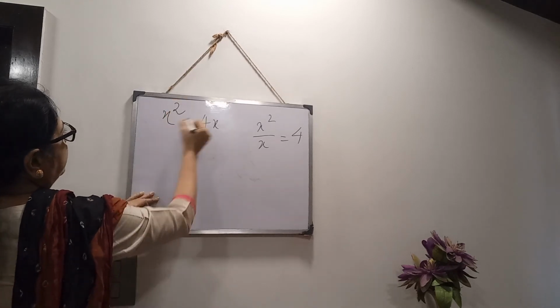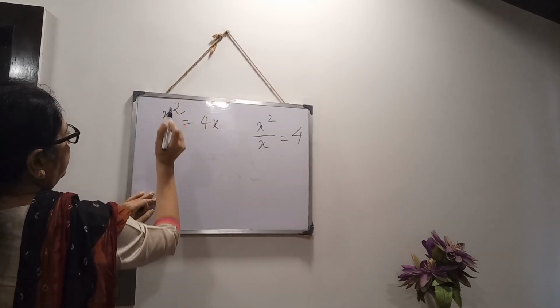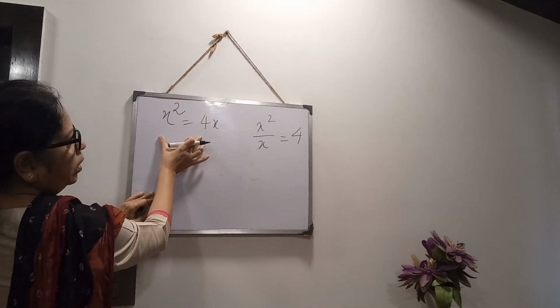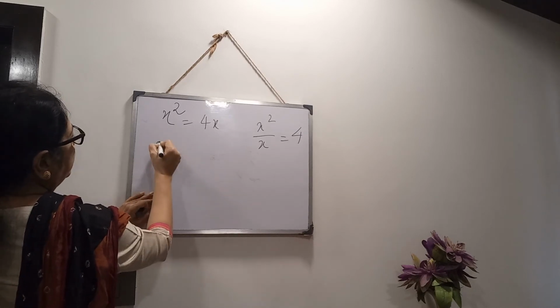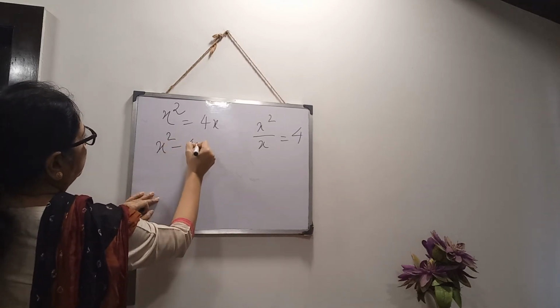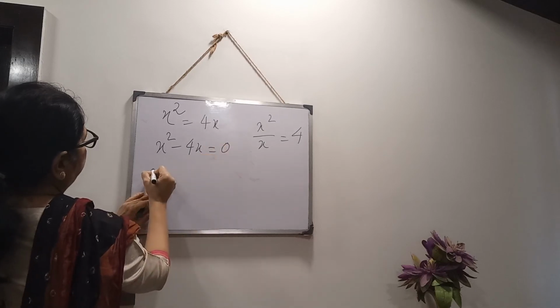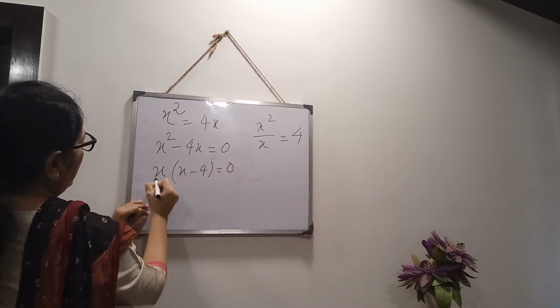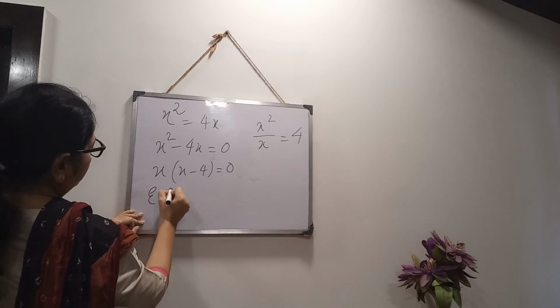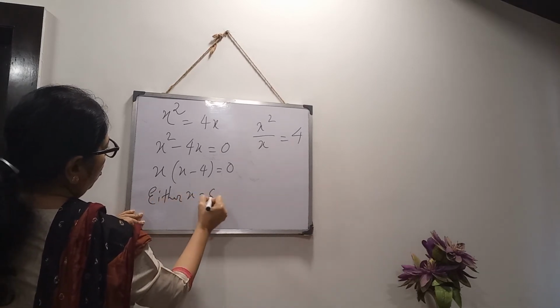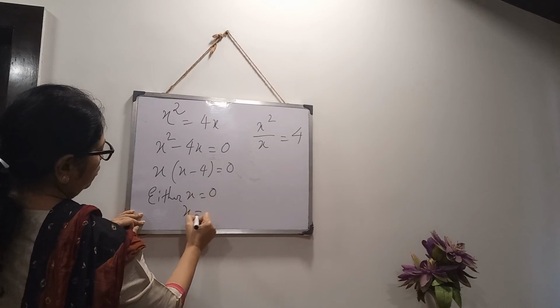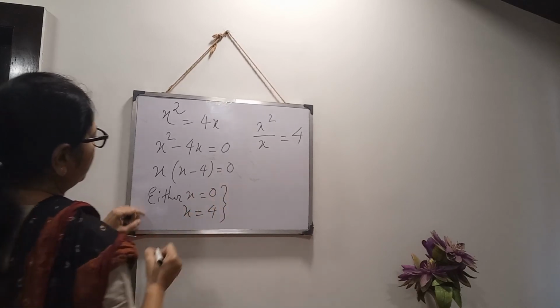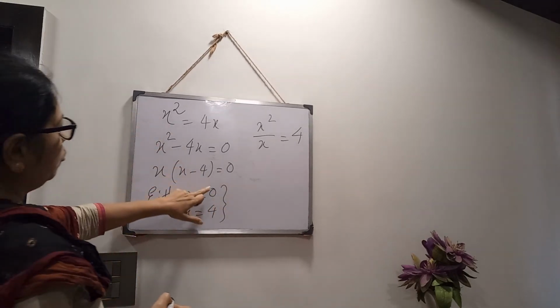Here if you cancel x with x square, then you will get only one root. It is a quadratic equation, so your answer will be wrong. Take x common: x into x minus 4 equals to 0. Either x equals to 0 or x minus 4 equals to 0, which means x equals to 4. So from this equation you will get two values.